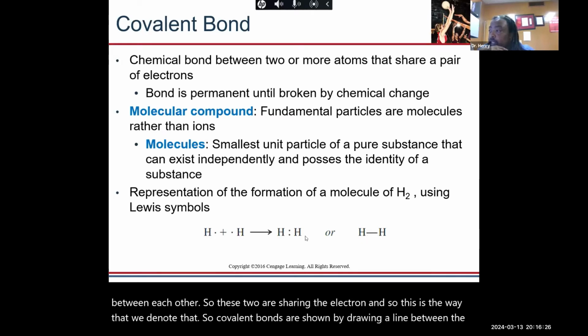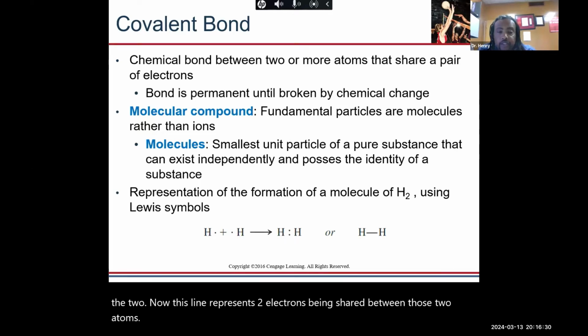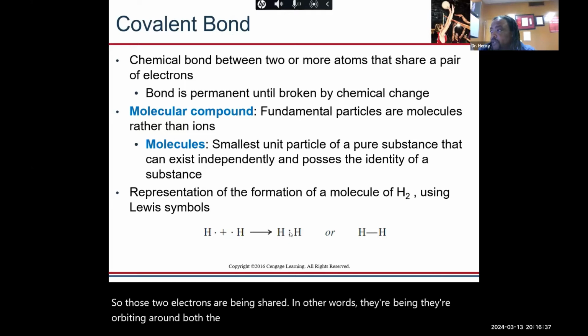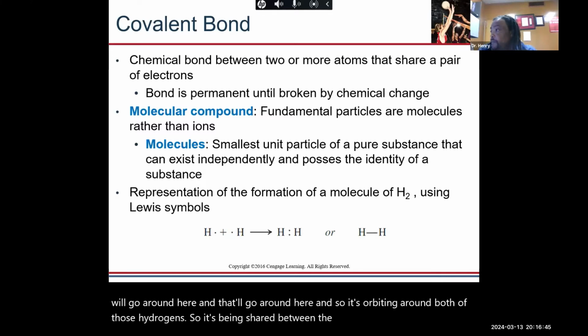Now this line represents 2 electrons being shared between those 2 atoms. In other words, they're orbiting around both the hydrogens, right? So literally, this electron will go around here and that'll go around here. And so it's orbiting around both of those hydrogens. So it's being shared between the 2, okay?